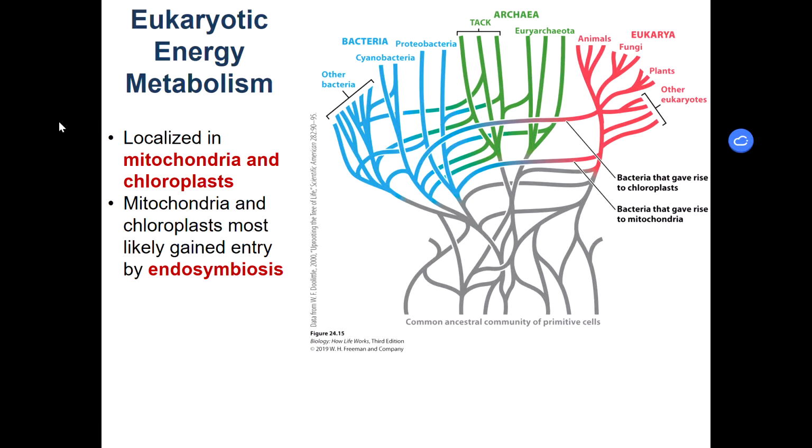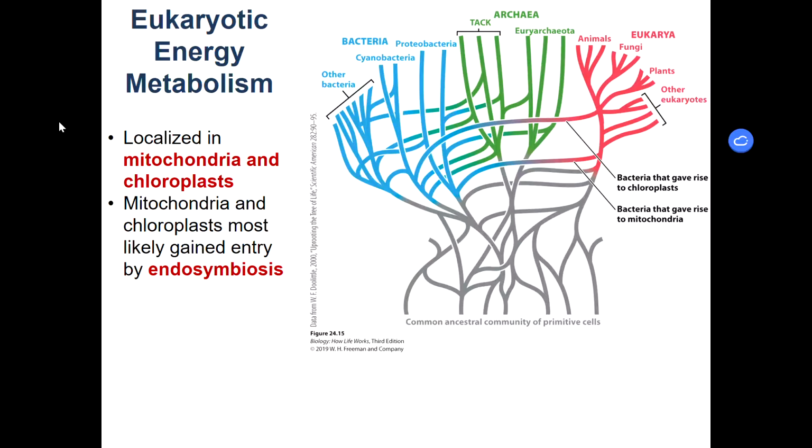Mitochondria and chloroplasts have their own DNA, which means that they originally were their own free-living organisms.